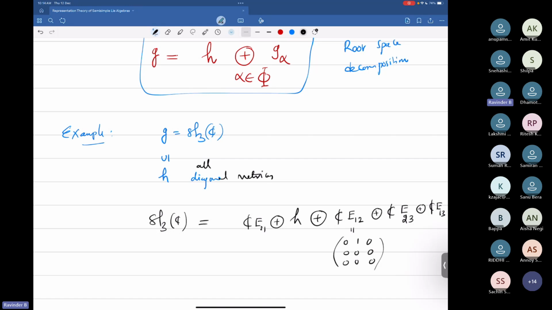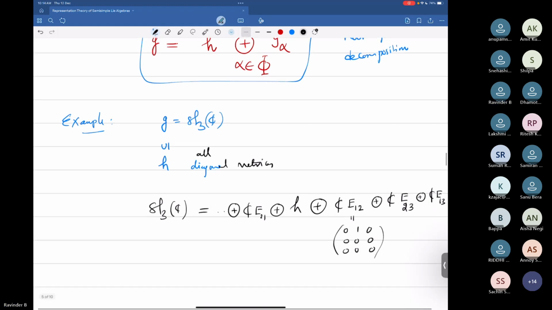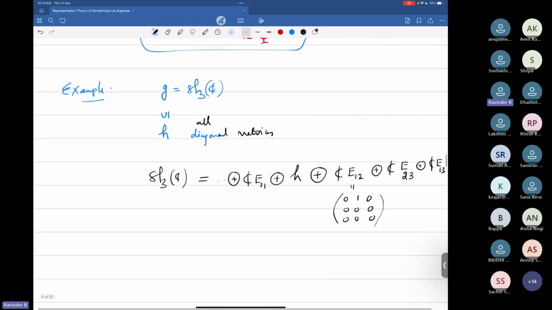What I mean by that is, is it a common eigenvector for all these vectors? These vectors will be the common eigenvectors for the action of H. So is E12 an eigenvector for all the diagonal matrices?